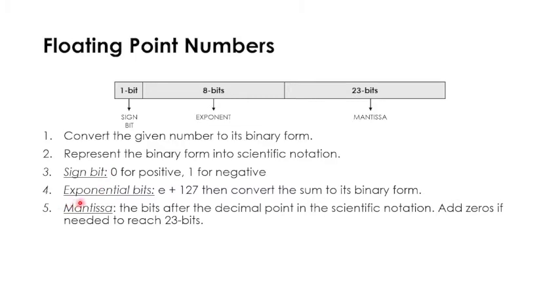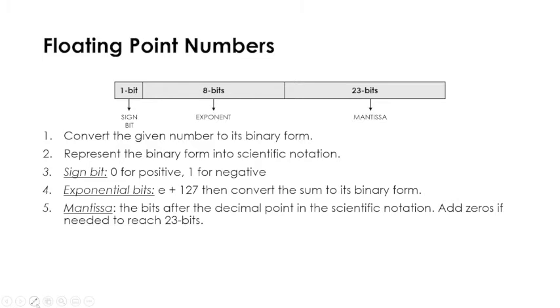The fourth step is for the exponent bits. We add the E from the scientific notation to 127, then convert its sum to its binary form. Lastly, the mantissa contains the bits after the decimal point in the scientific notation. If it doesn't reach 23 bits, add zeros to it.